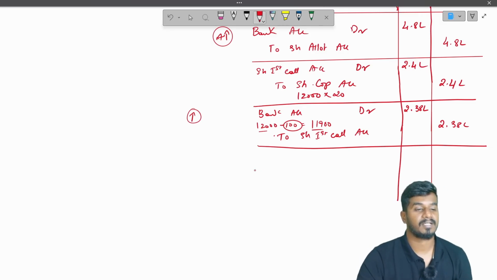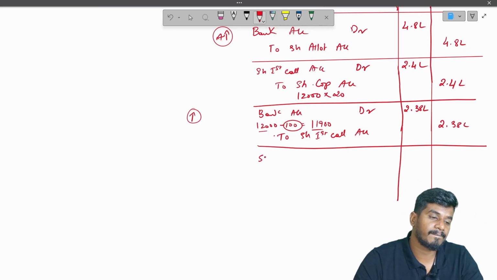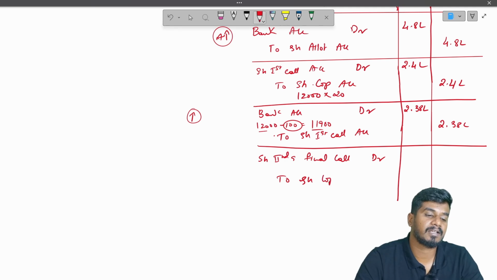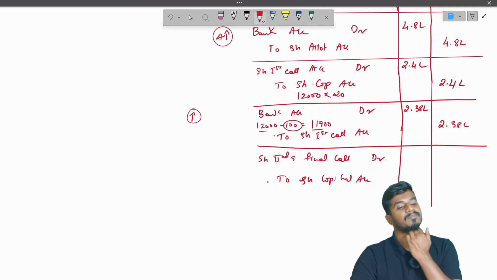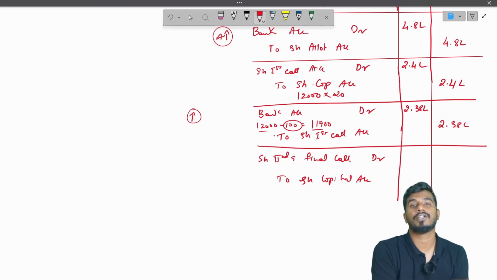Yeah. The next, the last: share second and final call debit to share capital account. So here we are transferring to share capital account, which means we are making it due.